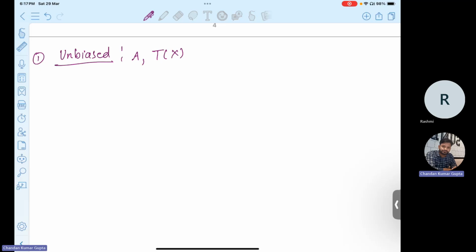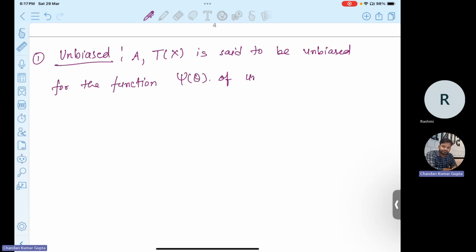A statistic T(X) is said to be unbiased for the function psi(theta) of the unknown parameter theta if the expected value of T(X) is nothing but psi(theta).